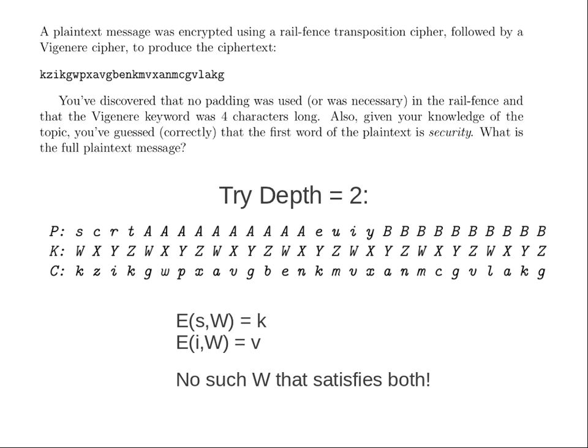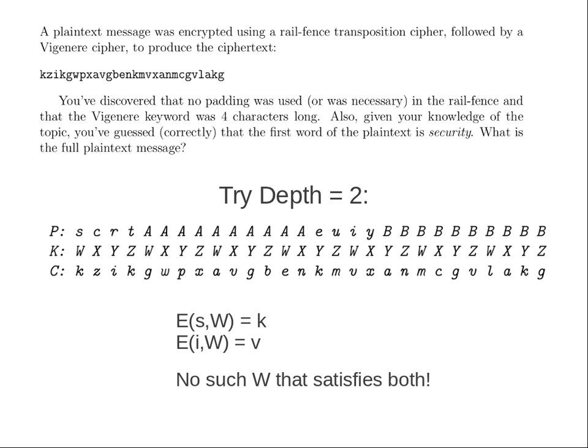So if I encrypt S with some key W, I get K, using a Caesar cipher, and if I encrypt I with that same value W, I get V. Is there a value of W for which both of those equations hold?